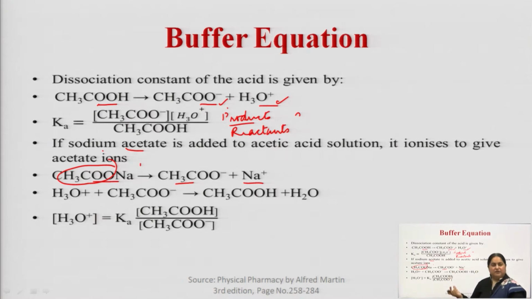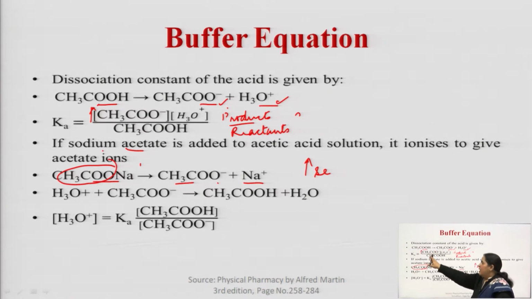We have a weak acid that is dissociated as acetate ion and hydronium ion, and then we are adding a salt of that particular weak acid, sodium acetate, which dissociates into acetate ion and sodium ion. Now, temporarily the concentration of this acetate ion will increase, but Ka is a constant, acetate ion into hydronium ion upon acetic acid. So, upon the addition of this salt, we see a temporary increase in the concentration of the acetate ion.